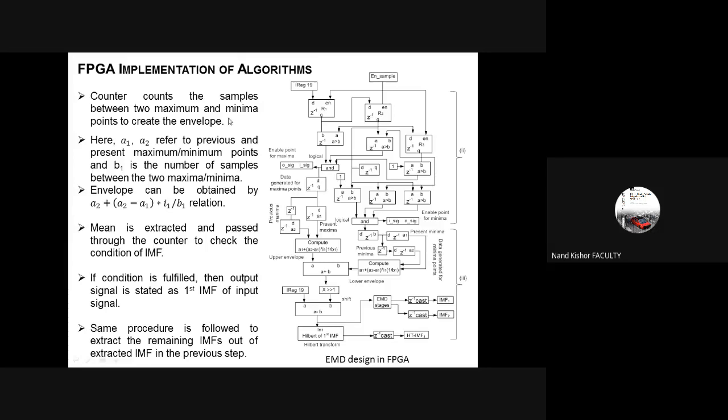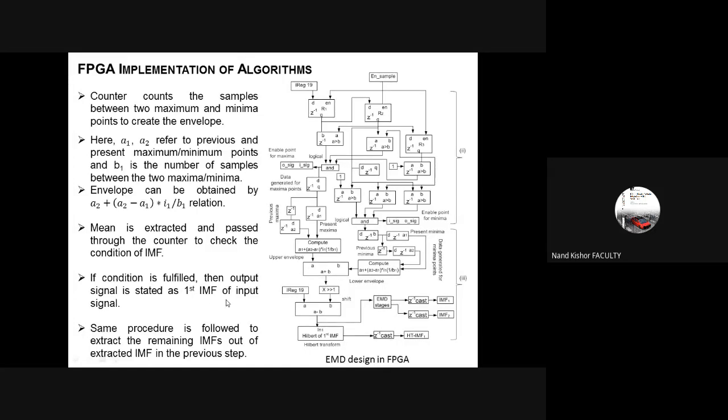So we want to know the two maxima and two minima. We get those, and those maxima and minima points we refer to, and then we obtain an envelope out of it. Then we have a mean extraction, and we check whether it is an IMF or not. We do that because the condition for an IMF is that there should be a frequency component present here. If this is satisfied, then we consider the first decomposed signal to be the first IMF.